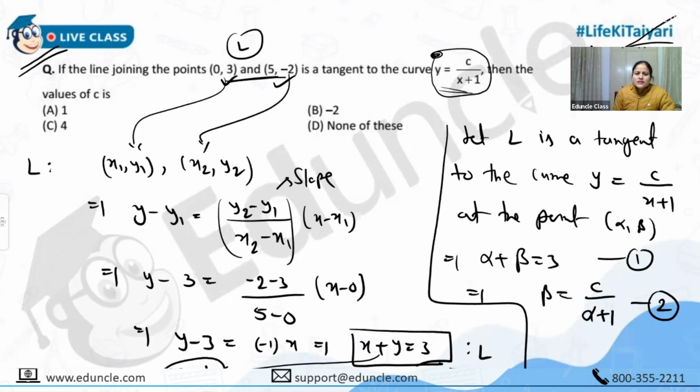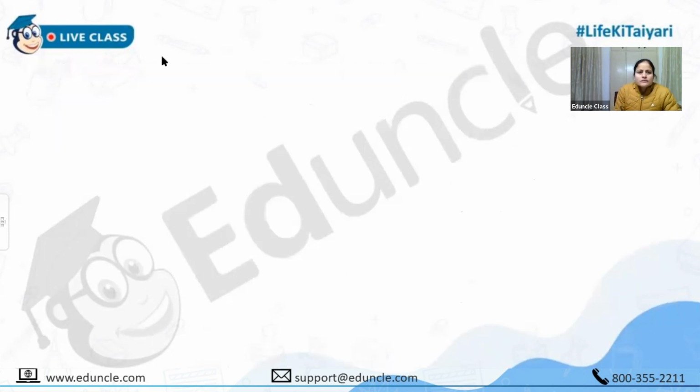So slope of tangent is minus 1 and we know if I'll take derivative at the point alpha comma beta, so this will give me what? Slope, correct ना, and it is nothing but minus 1. चलिए, so quickly यहाँ पर find कर लो भाई derivative. यहाँ से डेरिवेटिव क्या जाएगा?